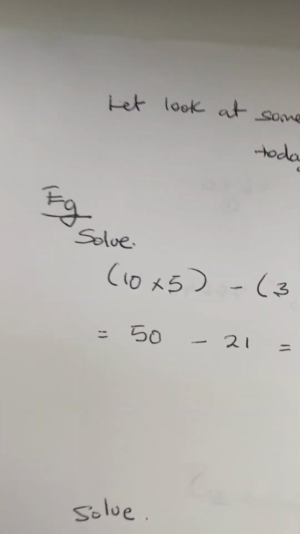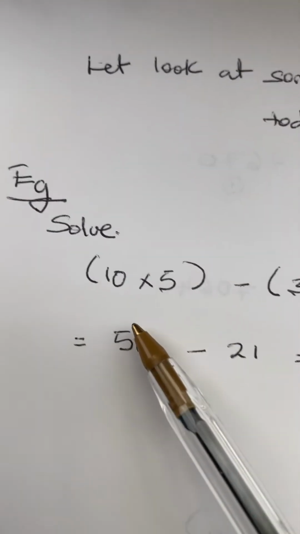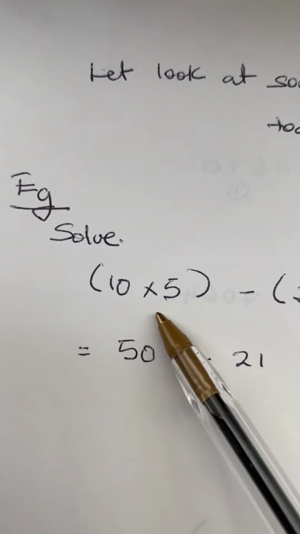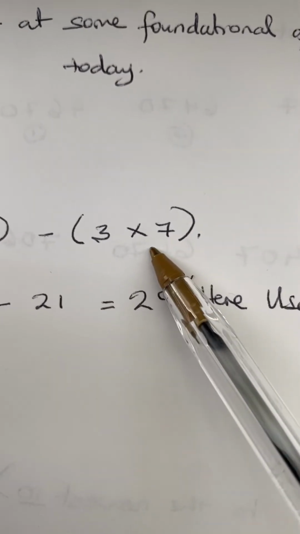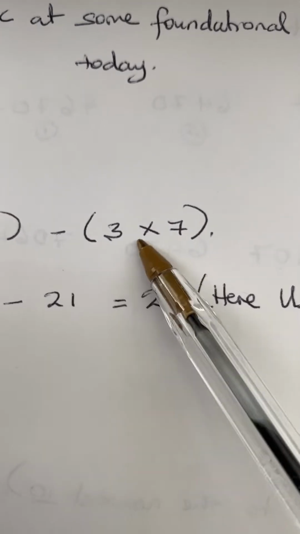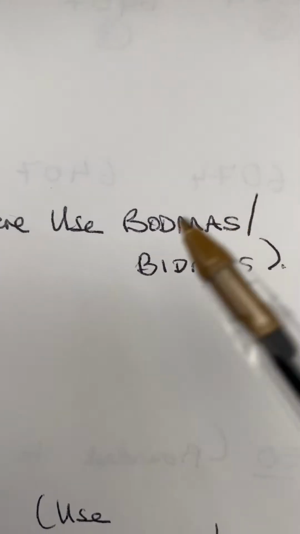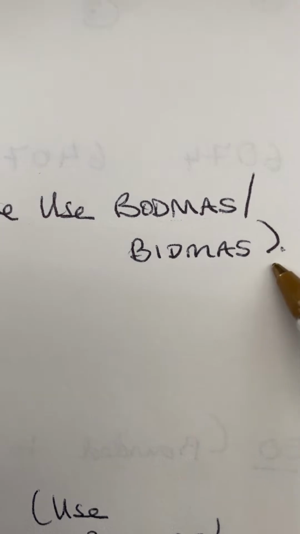Now the first example I have for you here today is: solve (10 times 5) minus (3 times 7). So straight away you should be thinking about BODMAS or BIDMAS.